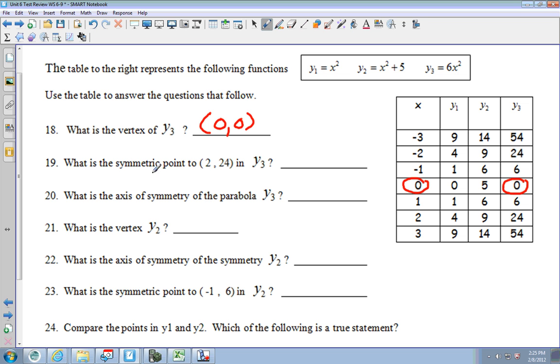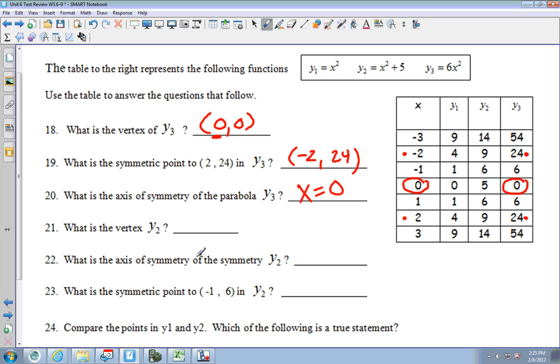Now it says, what is the symmetric point to 2, 24 in y3? So I have 2, 24. Match it up with the 24. I've got -2, 24. What is the axis of symmetry of the parabola y3? Well, axis of symmetry is x equals whatever the x number is of the vertex. So x equals 0.